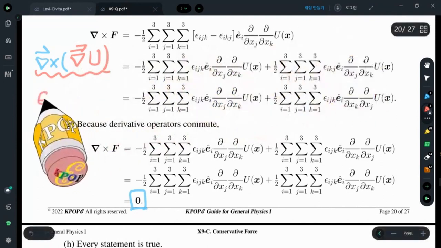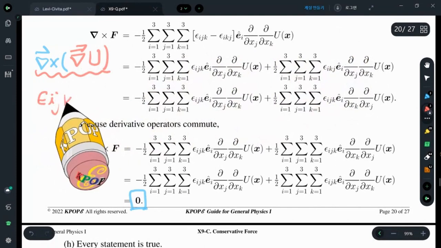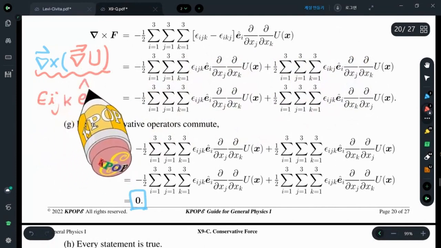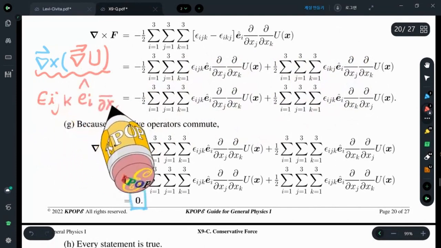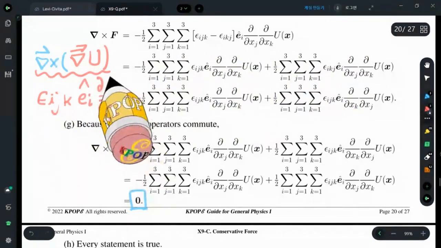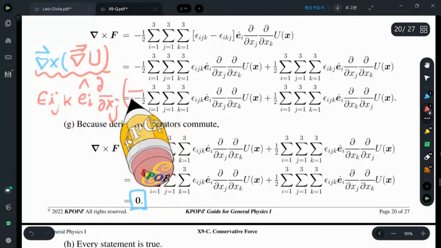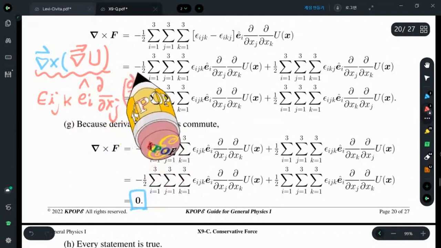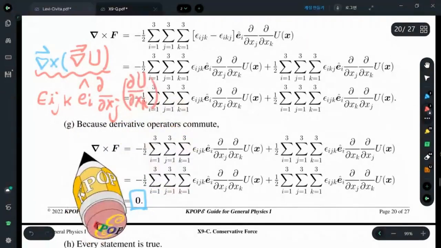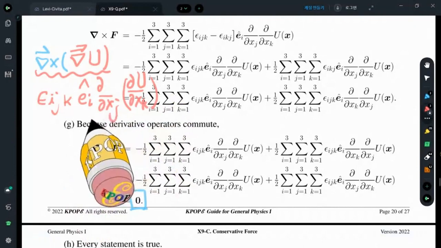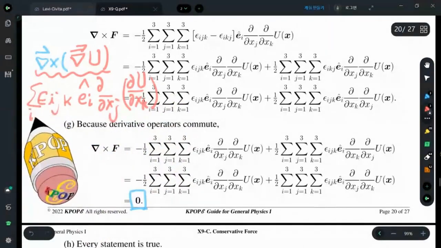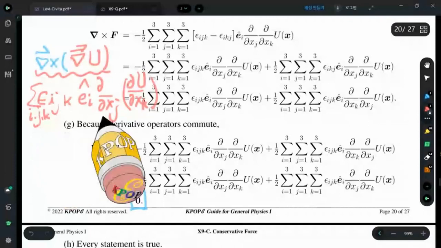And we remember it is epsilon ijk e_i hat, x_j derivative, and this is x_k's derivative of u. Therefore this is a sum over i, j, and k.